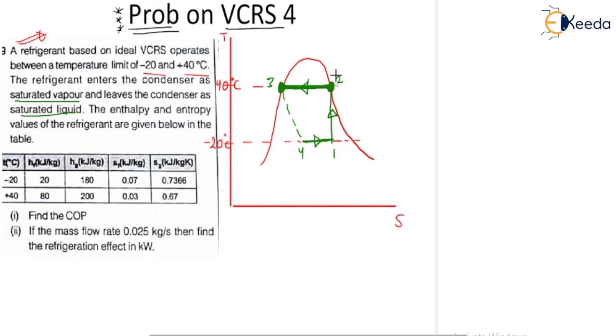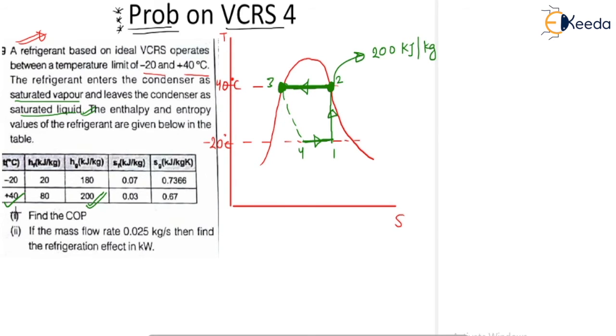Okay, my dear friends. So here at 40 degrees Celsius, the condenser inlet enthalpy is 200 kilojoule per kg as per the question. Is it right? And it leaves the condenser as saturated liquid.